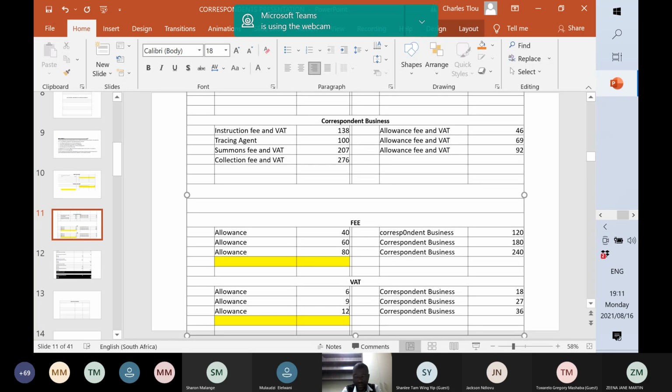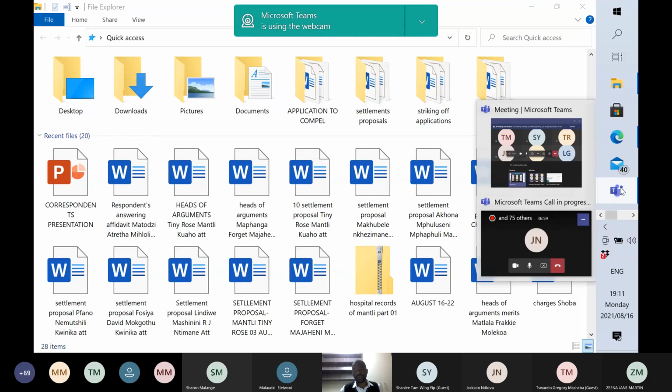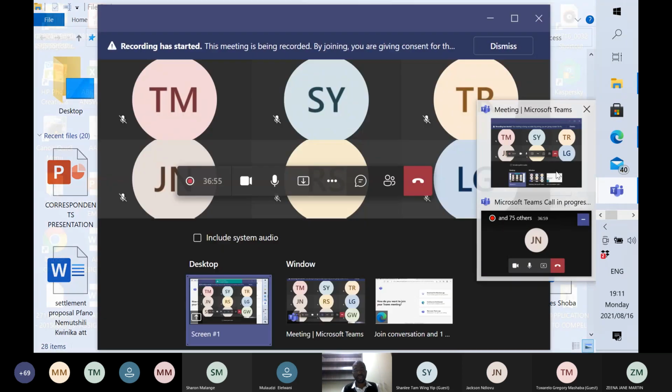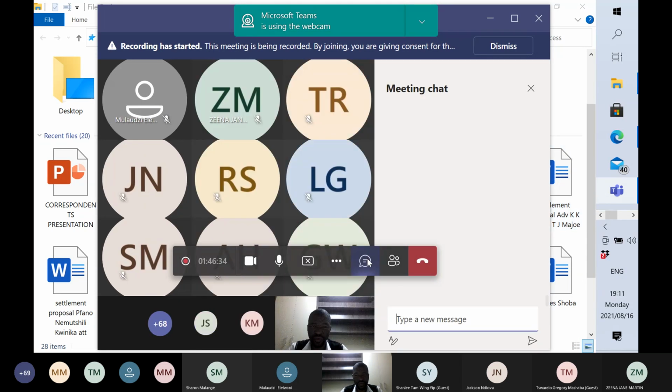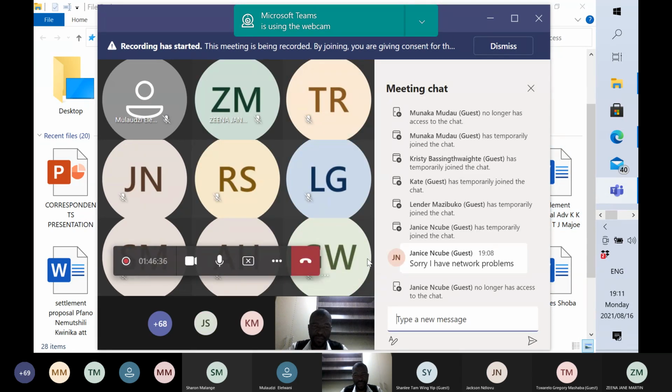Now the question is, what do we do next? And that next, I suggest that we take a break, and then after the break, we can discuss what needs to be done as soon as we have recorded all the transactions as we have done.